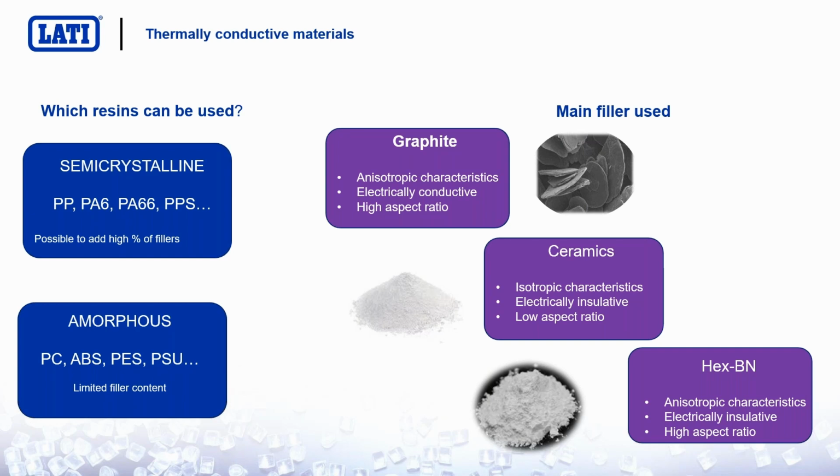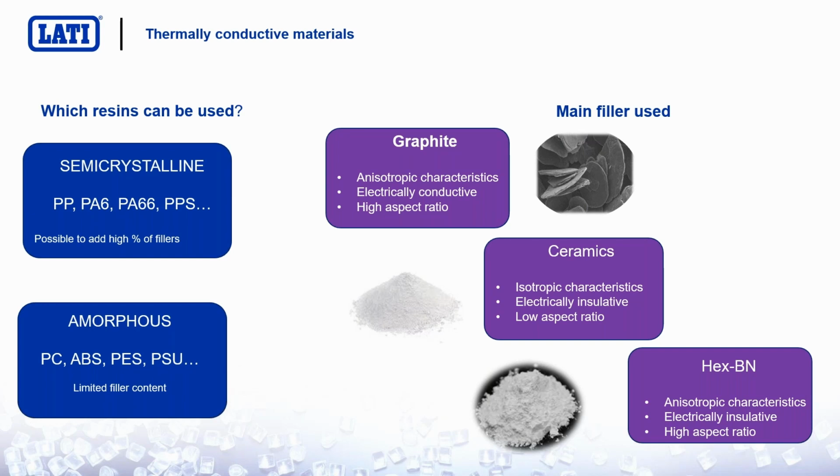They feature some differences. Graphite has anisotropic characteristics, it's electrically conductive and has a high aspect ratio, whereas ceramic is isotropic. From a characteristic point of view, it's electrically insulative and has a low aspect ratio.